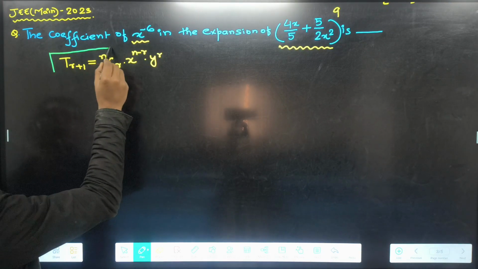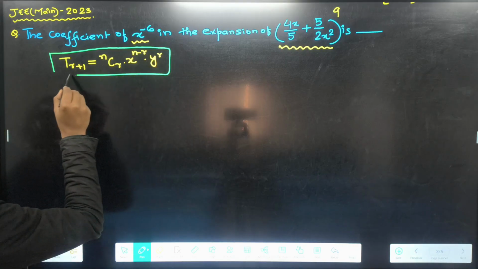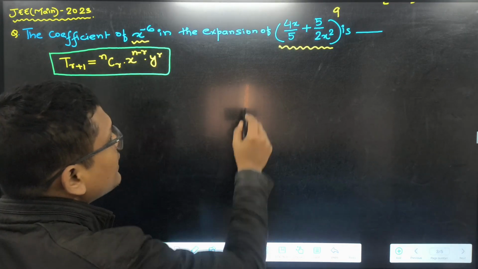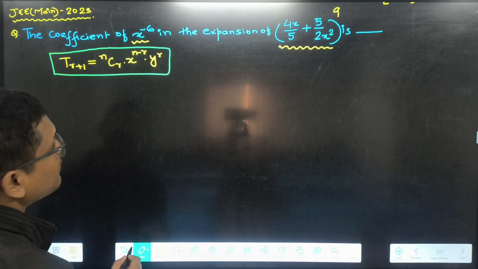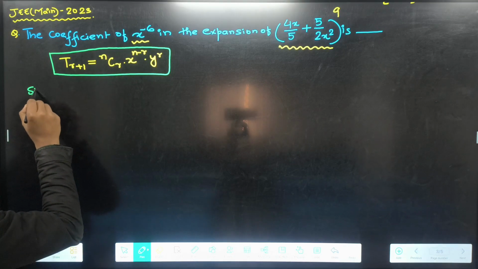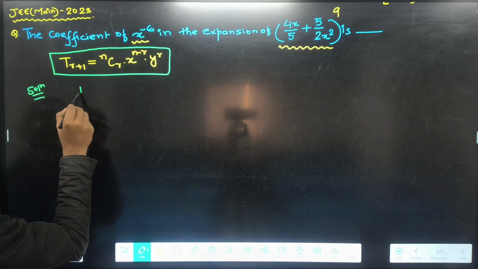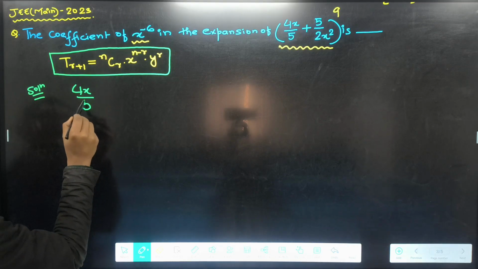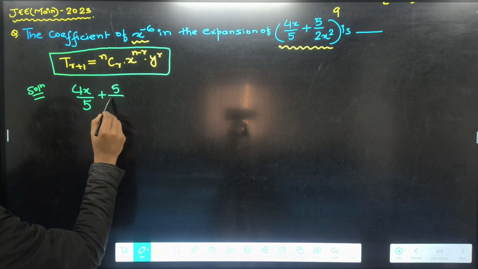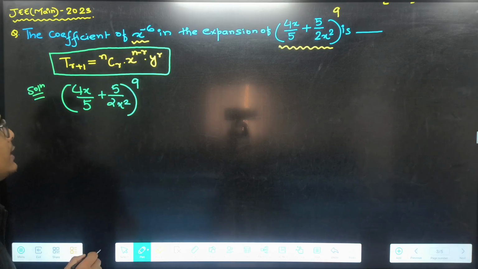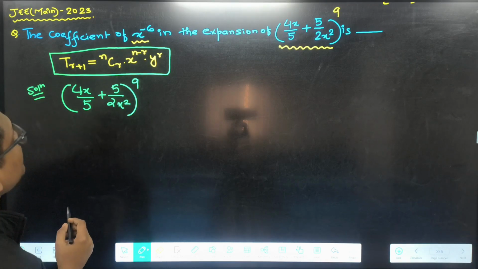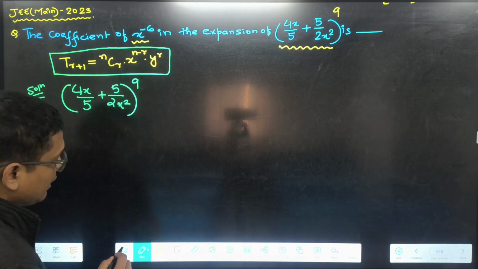So this is our general term of binomial expansion. Here in place of x and y, we have our own expressions given in the question, that is 4x by 5 plus 5 by 2x square, and the power is 9. Here we need to find the coefficient of x to the power minus 6.